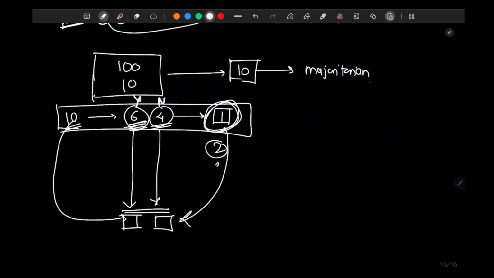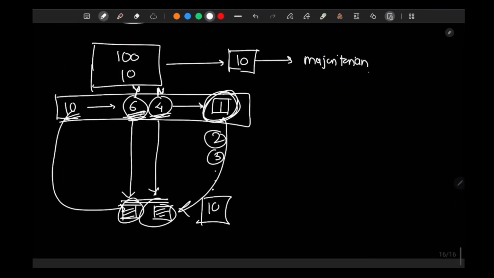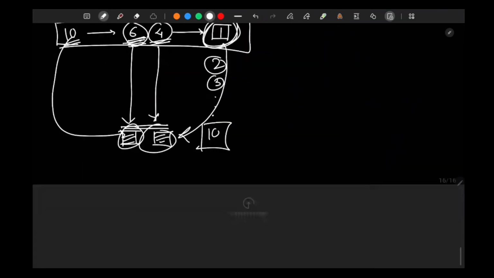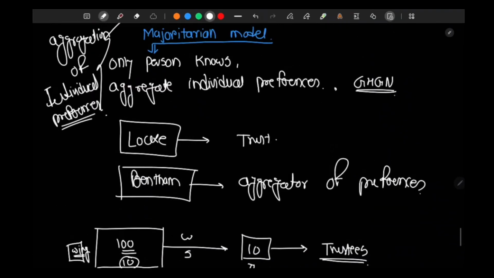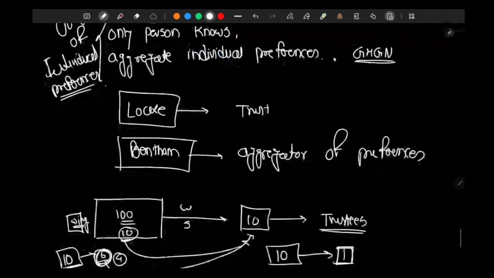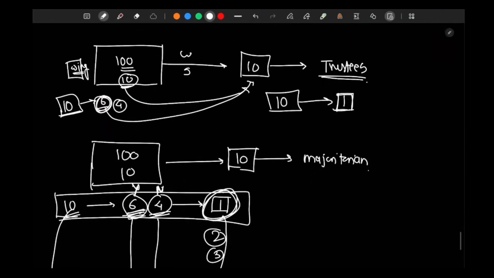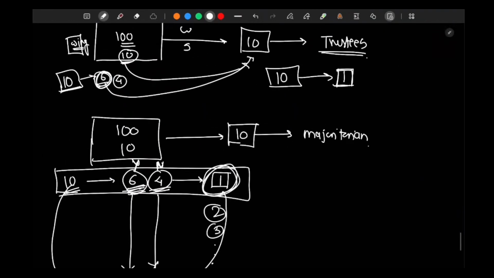And like this, all 10 representatives will keep a tally, and in the last a summation will be done, and on the basis of this summation, the decision will be taken. Let's say 40 people are in favor, 60 are not, so this decision will be taken. I hope you understood the trustee model and the majoritarian model.